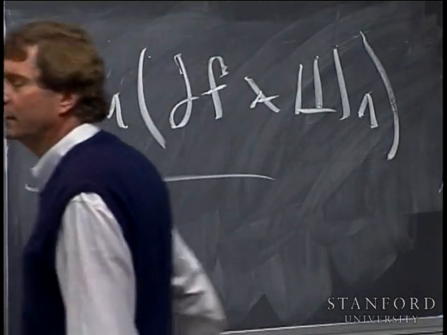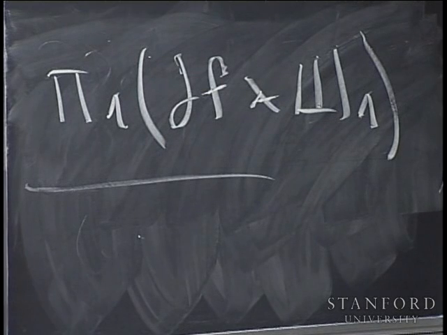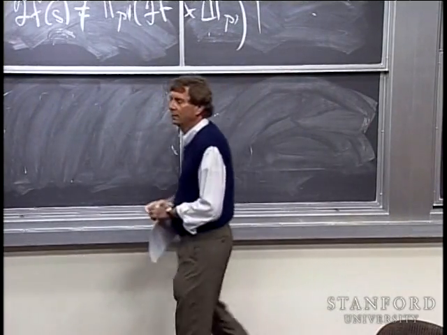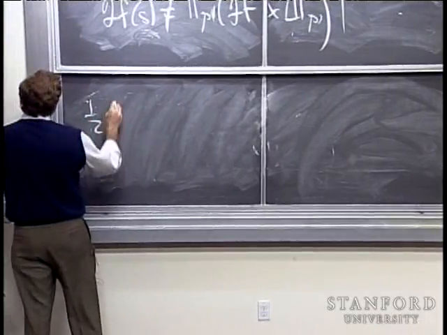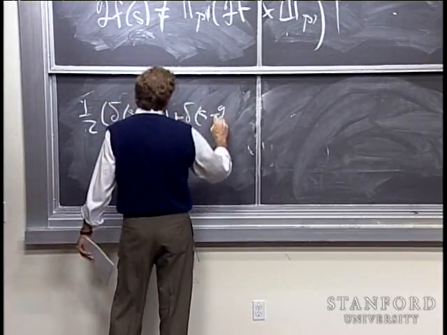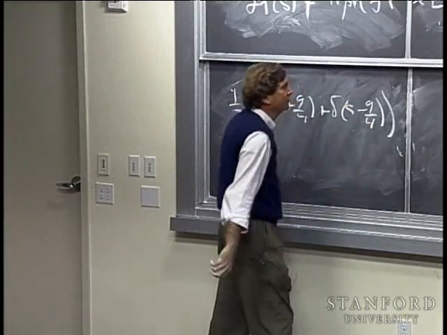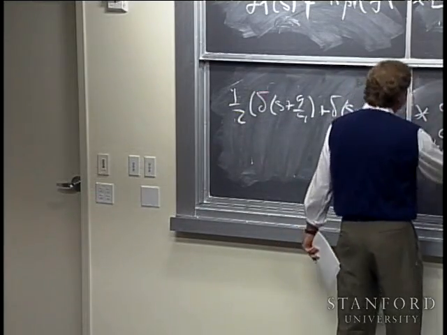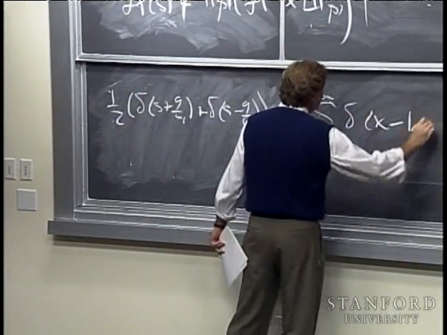Because the sampling formula is identical with the derivation of the sampling formula. Now, you can easily form that convolution, and I won't do it: 1/2 delta of s plus 9/4 plus delta of s minus 9/4, convolved with the Shah function, the sum from k equals minus infinity to infinity of delta of x minus k, spacing 1.